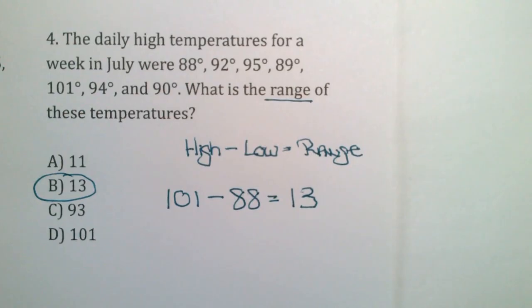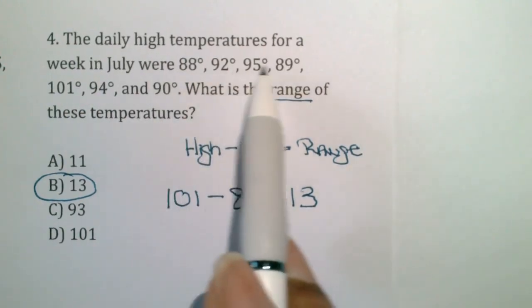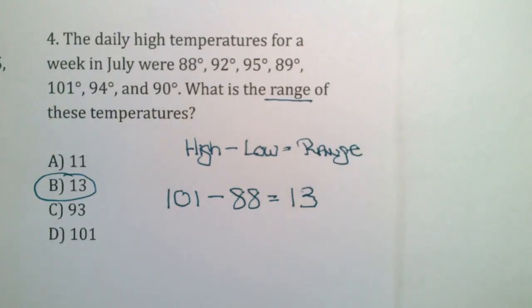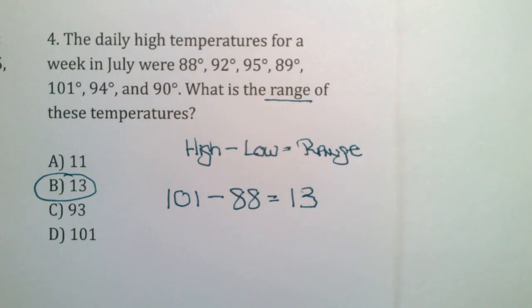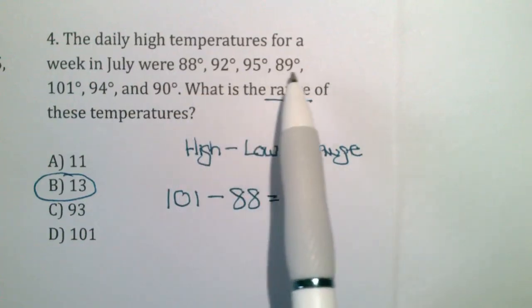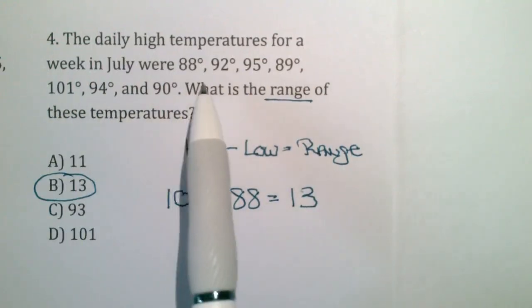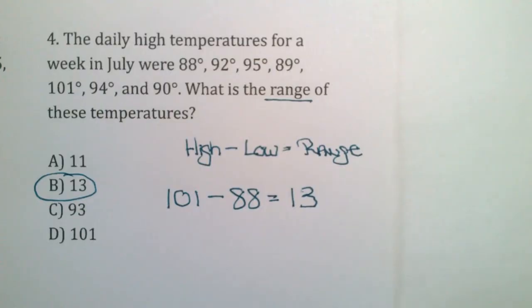So your mean is the average, when you add all the numbers up and divide by how many numbers are in that data set. Your median is your middle, so your numbers have to be in numerical order, which these are not. Put them in numerical order, and then count towards the middle.